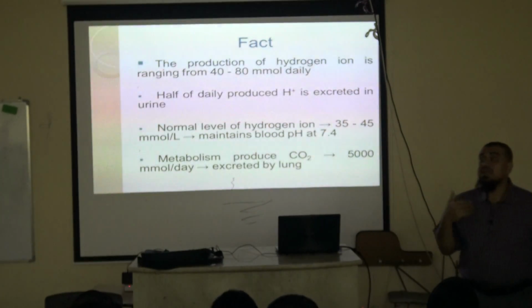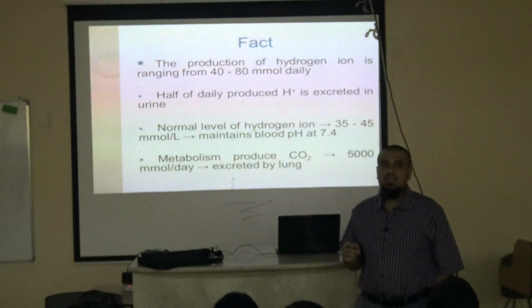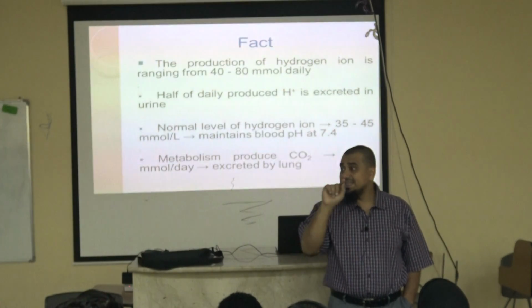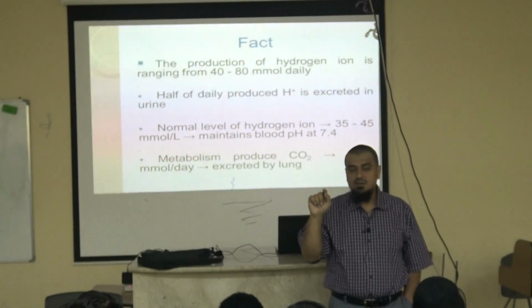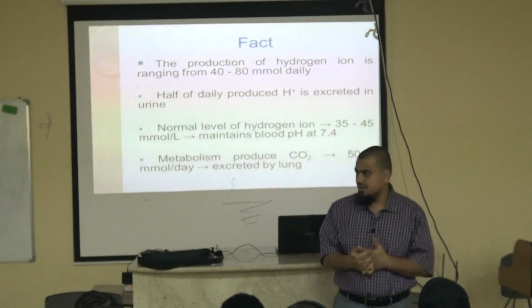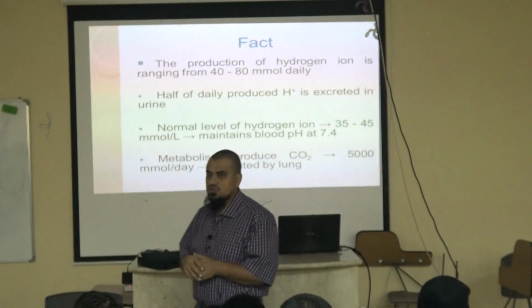Actually, it is a calculation, and it is calculated as negative log of hydrogen ion. Negative log. You know what is log? Logarithm is a table. In mathematics it is used.